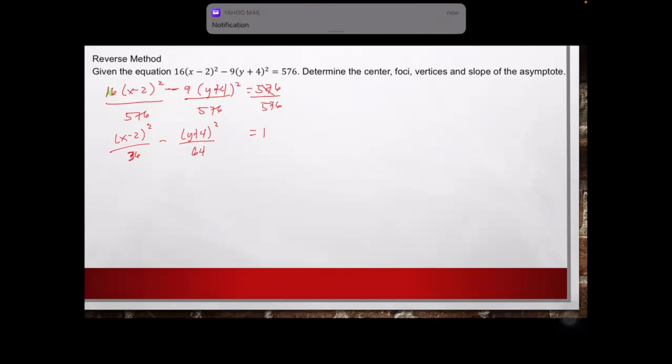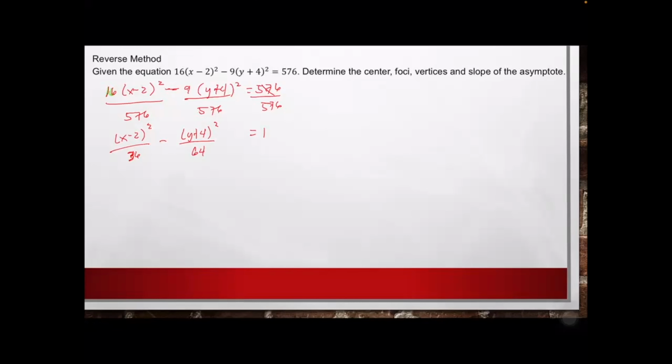Okay. So, in this case, this will be case 1. Bakit siya naging case 1? Kasi nauna yung x kaysa kay y. Pag nauna yung y, tapos sumunod yung x, that is case 2.